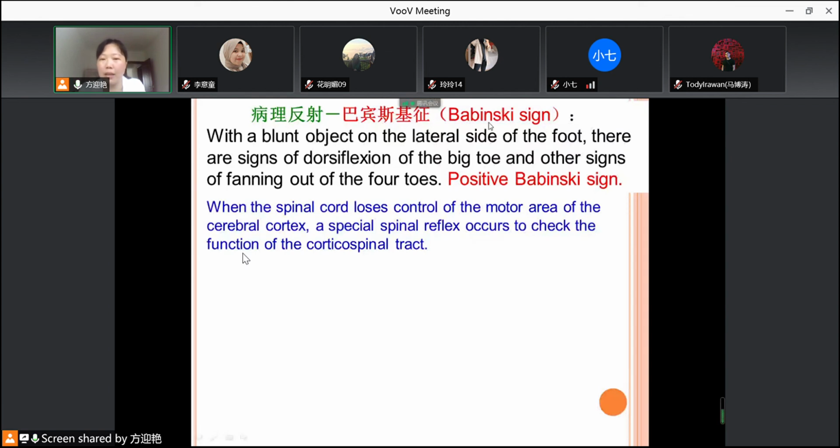The Babinski sign. You should know how to do it as a doctor. If it shows no response, the reflex is negative. If it shows a response, it is positive. We use a blunt object and stimulate the sole. Normally the response is negative, which is normal.